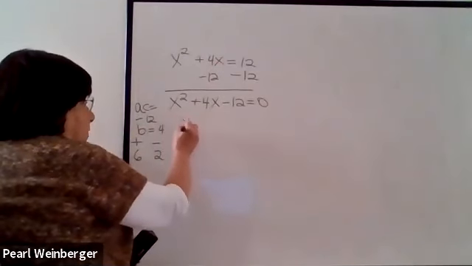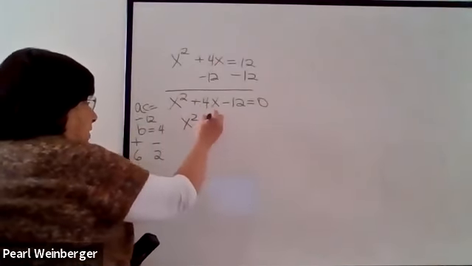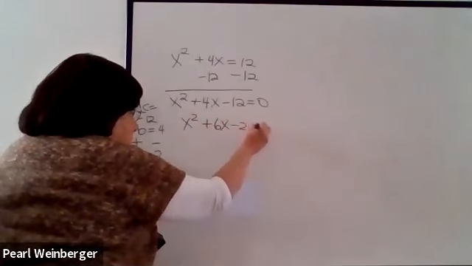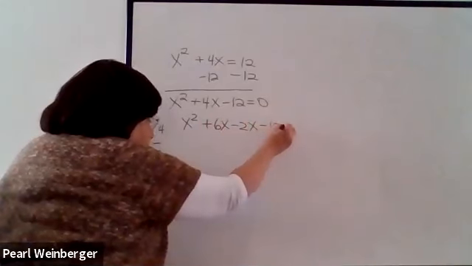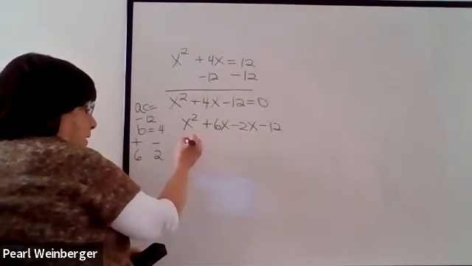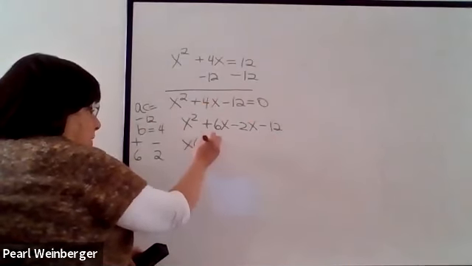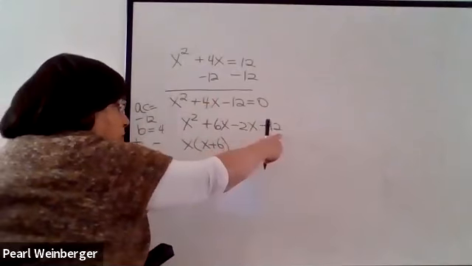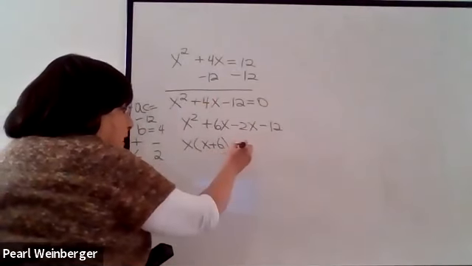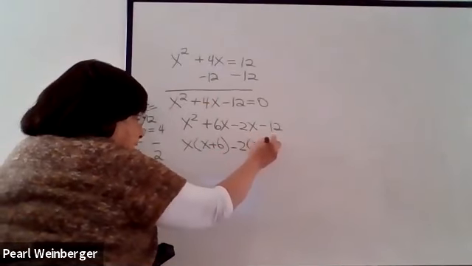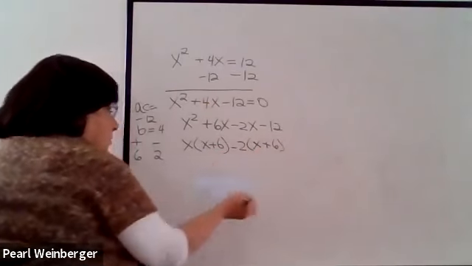So this will give me my x squared. We'll write this as positive 6x minus 2x minus 12. And grouping, in my first group I have an x. So you do x times x plus 6. In my second group, I have a negative 2 common factor. So this gives me negative 2 times, again, x plus 6.